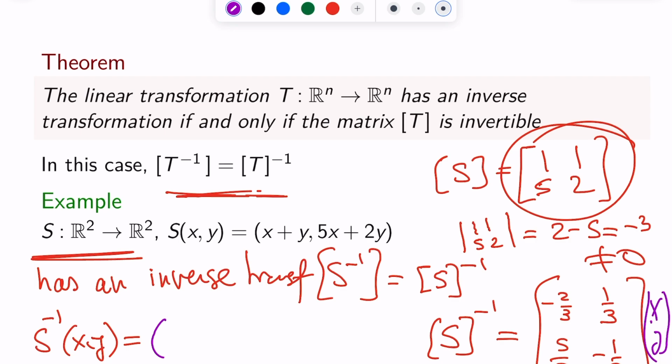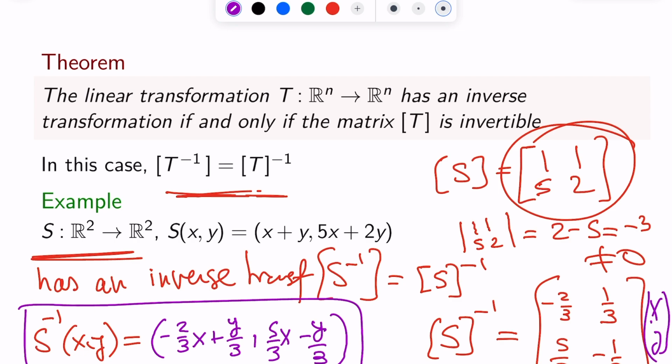By multiplying the inverse matrix by x, y, we obtain that the expression is minus 2/3 x plus y over 3, 5/3 x minus y over 3. So then this is the expression of the inverse transformation.